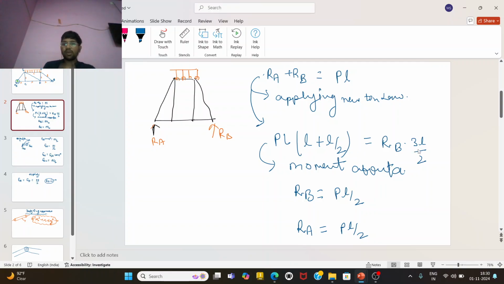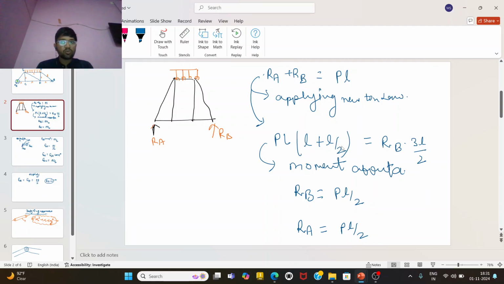It is not an easy part, but you have to understand Newton's first law. Sum of all forces will be zero for a static system, because we are doing static analysis. For equilibrium conditions, the moment should be zero about a point.